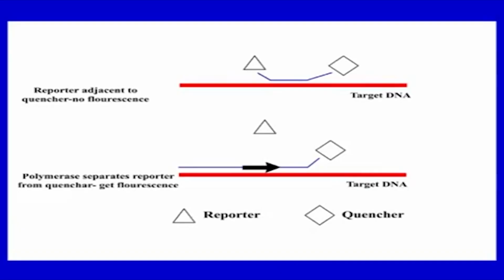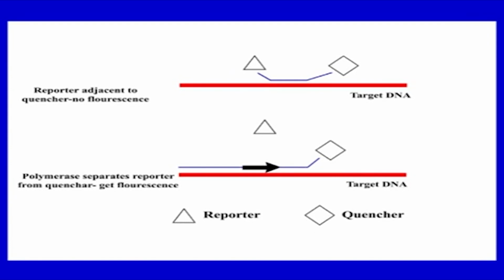If the quencher and the reporter are in close proximity, that is, attached to the same oligonucleotide, then the quencher stops the reporter from fluorescing. Now, during PCR, the probe will anneal to single stranded DNA within the target region, and when the polymerase meets the annealed probe, the 5 prime to 3 prime exonuclease activity of the enzyme degrades the probe, liberating the reporter from the quencher, and thus the fluorescent reporter accumulates during the course of PCR. So, this could then be detected.